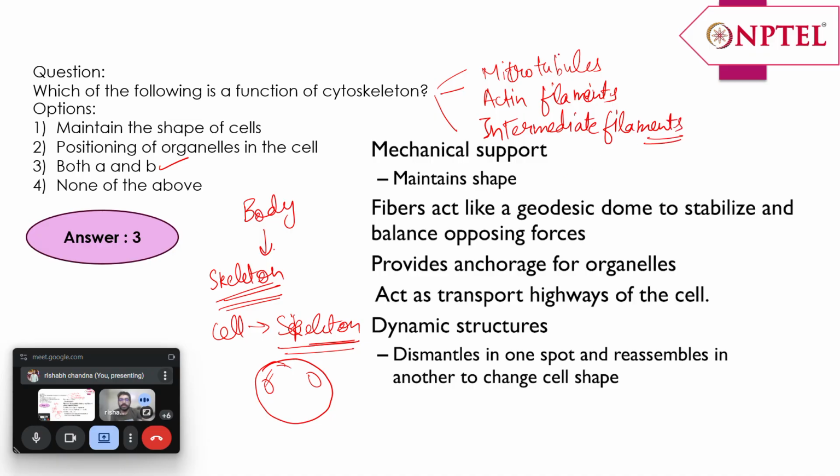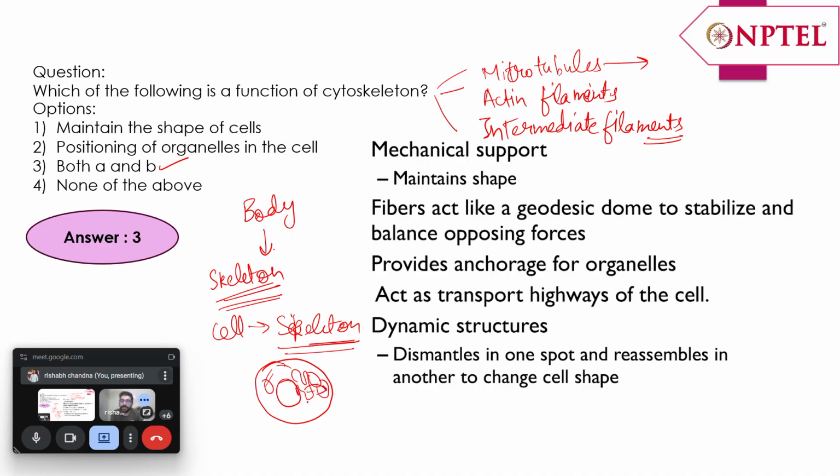Okay, so microtubules help in the positioning of a particular organelle inside the cell. If we see, this is a nucleus. Here is the endoplasmic reticulum. Here the Golgi is placed. So why is the Golgi placed near the ER? Because it functions in accordance with the ER.